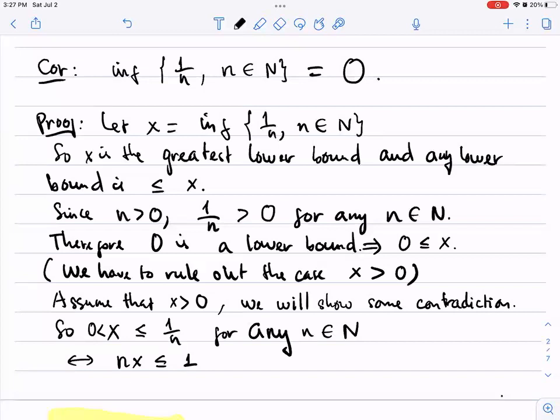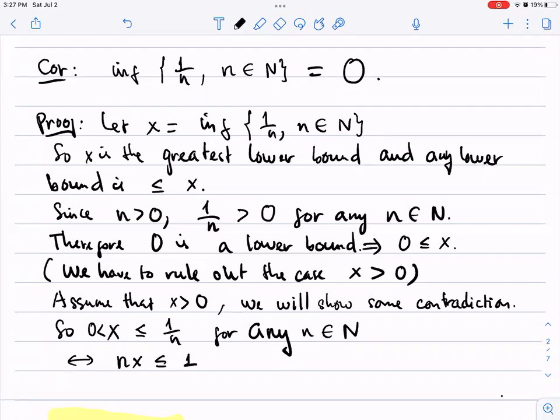Now, by the completeness property, this set has an infimum, and let x be the infimum of this set. So x is the greatest lower bound, and any other lower bound is smaller than or equal to x.